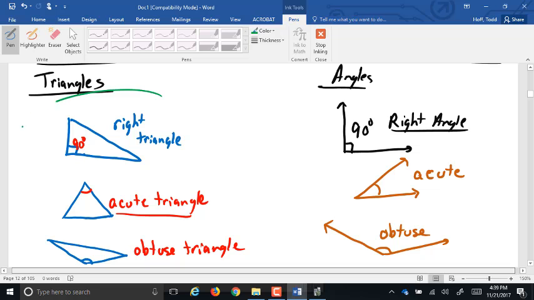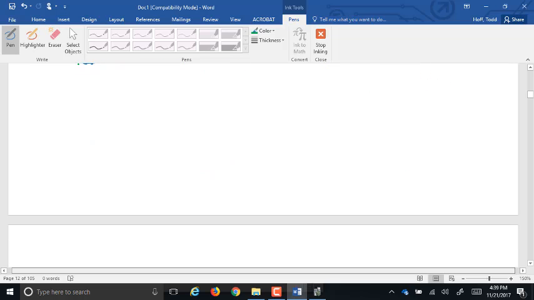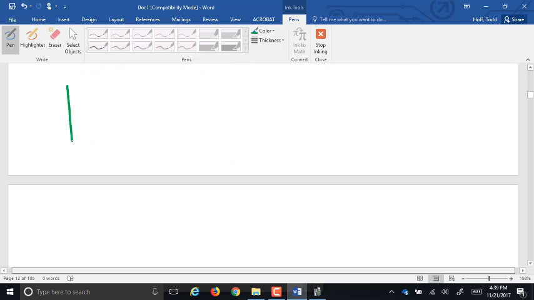Well, we're going to focus in for the next little bit on right triangles, on something you probably know how to use. A right triangle, like any other triangle, has three sides. Two of those sides create the right angle.